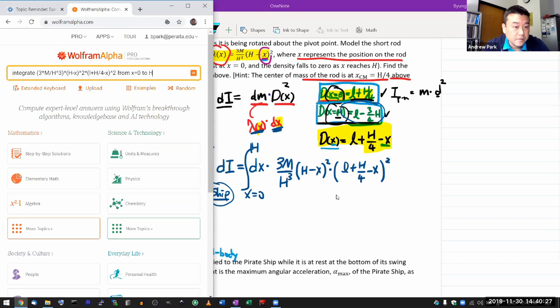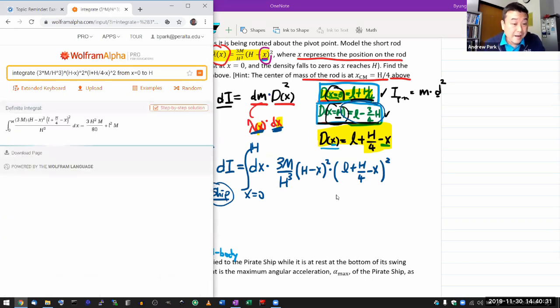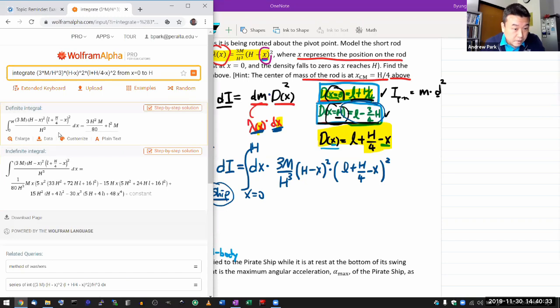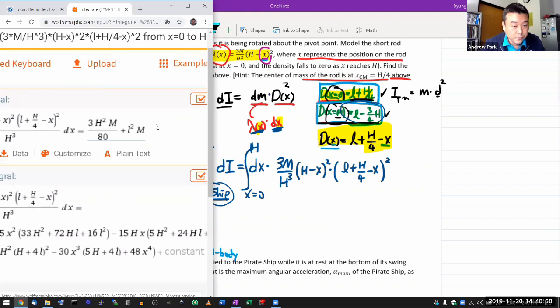Wolfram Alpha is usually good about interpreting what I mean, and it did interpret correctly: to integrate with respect to x, and that all the rest of the mathematical expressions are fine. Then after you're done with this complicated indefinite integral, you end up with this definite integral, which hopefully matches the solution that I posted.